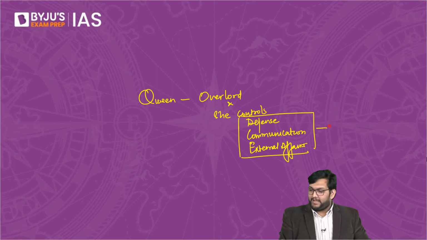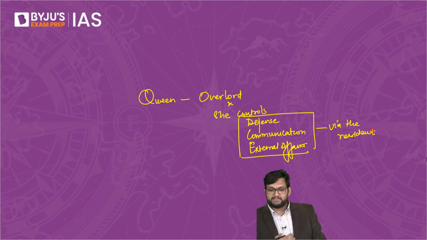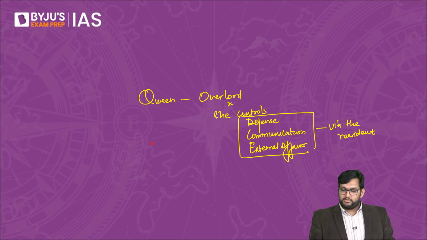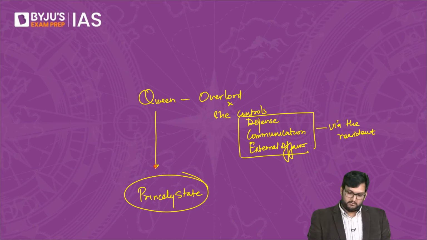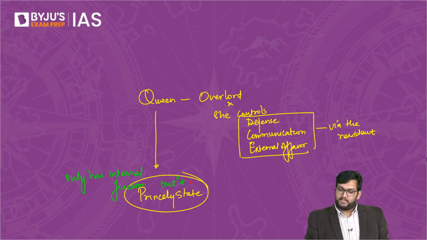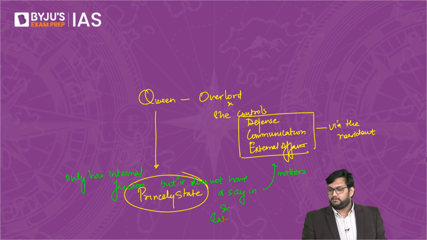And basically via the resident, the princely state only has internal freedom, but it does not have a say in these matters and external relations.